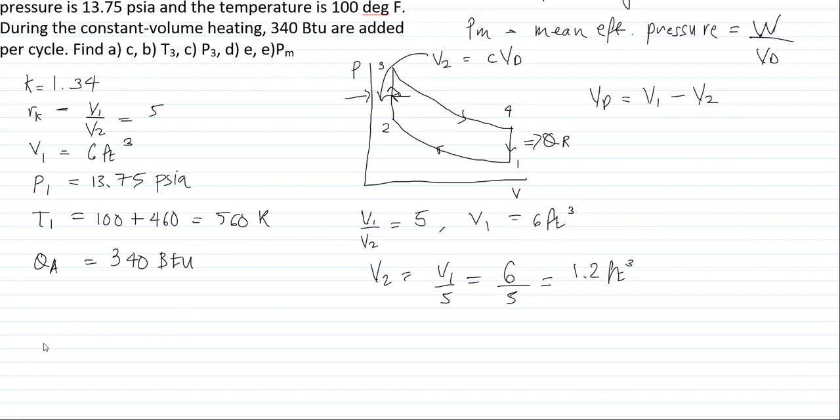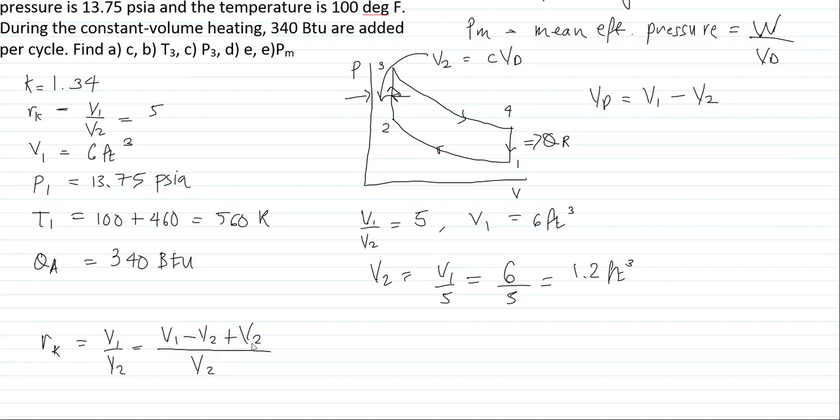So we can derive our percent clearance from the isentropic compression ratio. We have rk is equal to V1 over V2. Let's just say that V1, what if I subtract V2? I should also add V2 in order to maintain the equality. So you have V1 minus V2 plus V2.